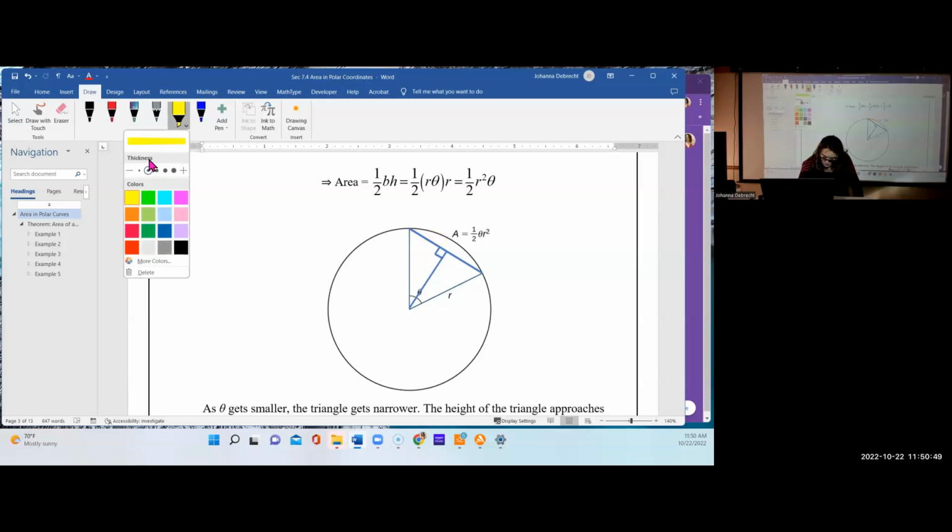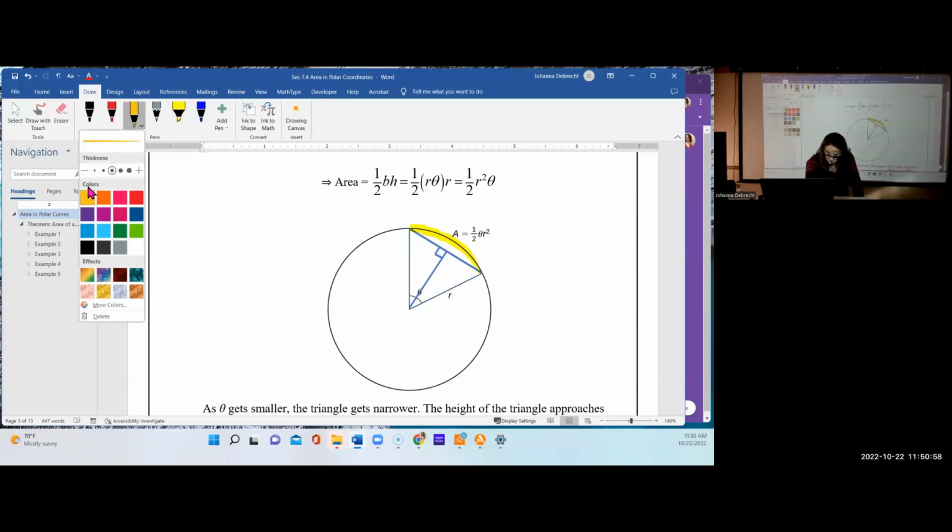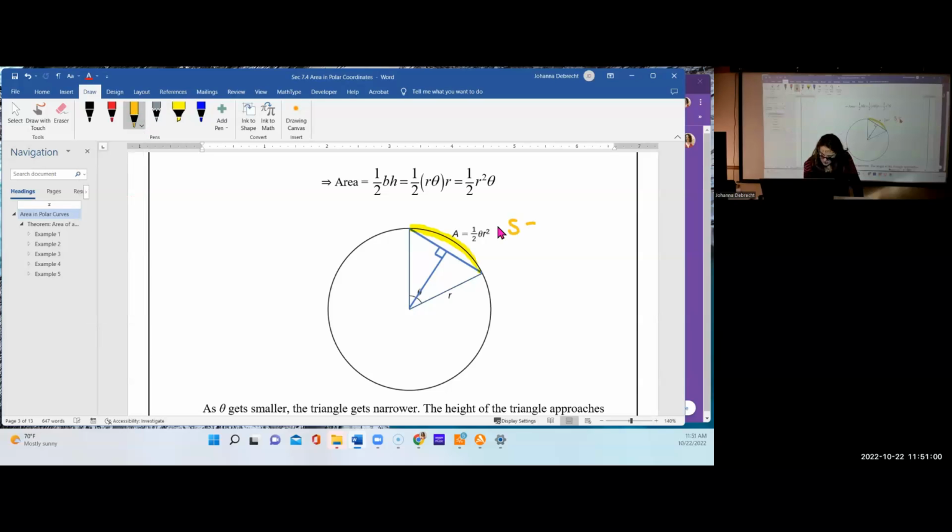So let me make it narrower. This curved section right here is r times theta. And again, theta has to be in radians, all right? And we're going to use that to approximate the base of our triangle, all right?